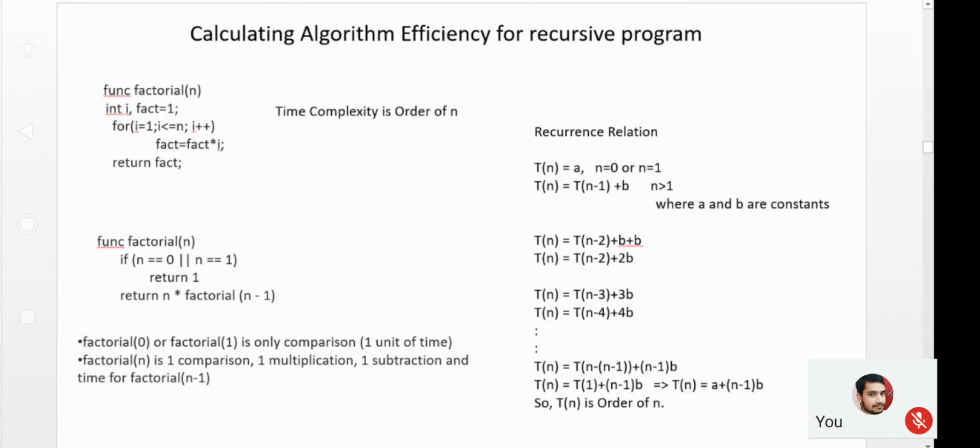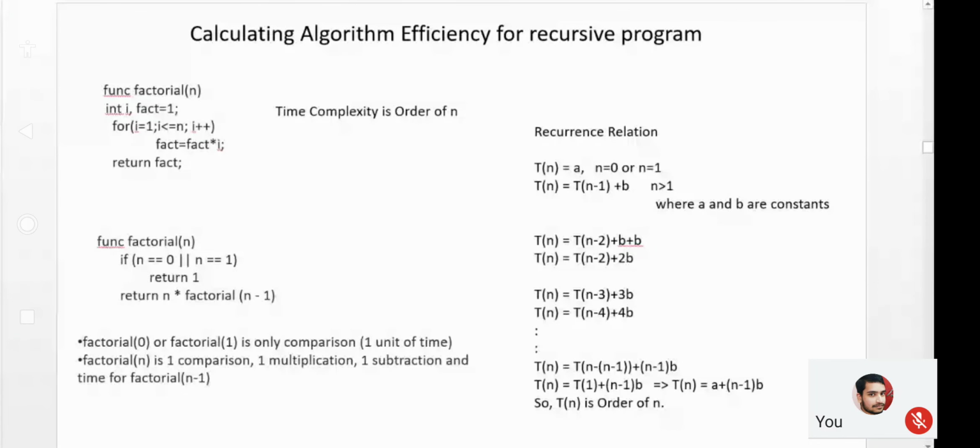We know T of 1 is constant. Here this b is also constant. And along with b, we have n minus 1. So asymptotically, n minus 1, n minus 2, n minus 3, n by 2 are all the same. That's why we can say the time complexity is order of n.